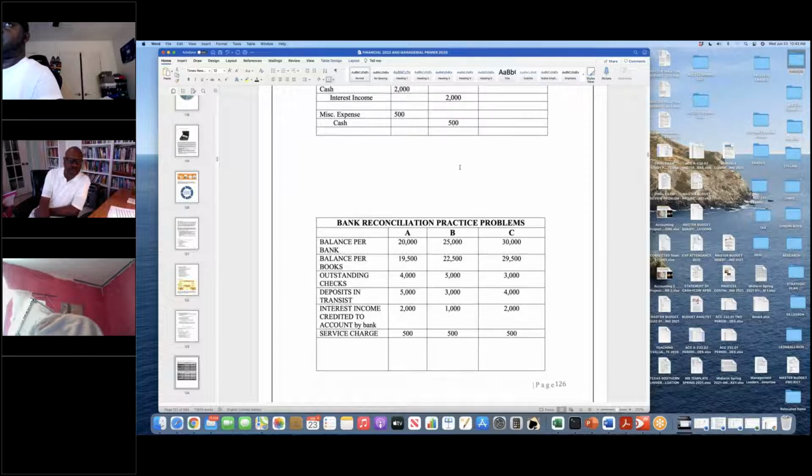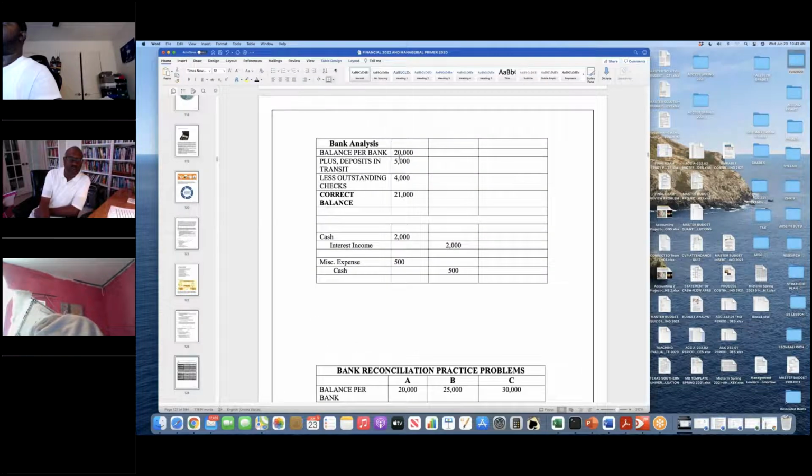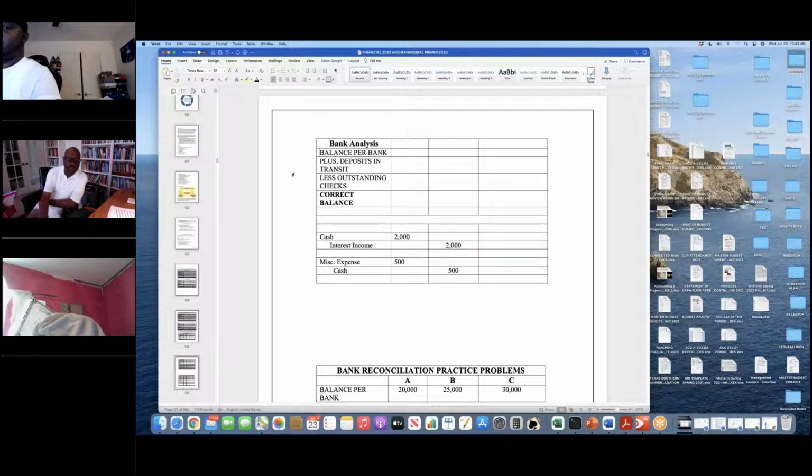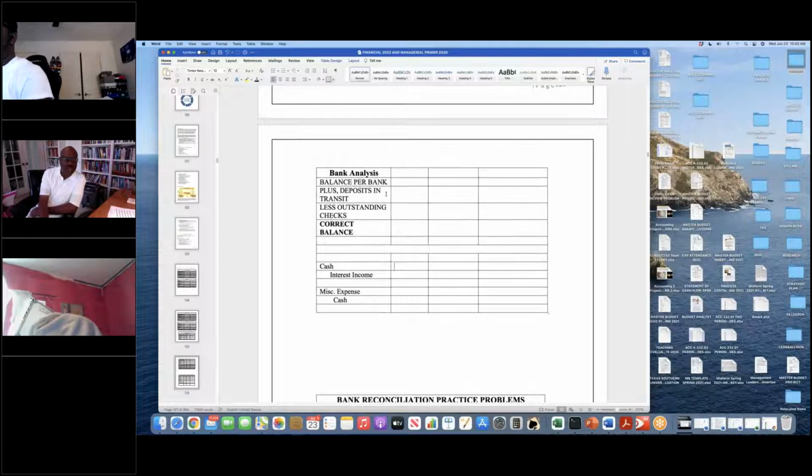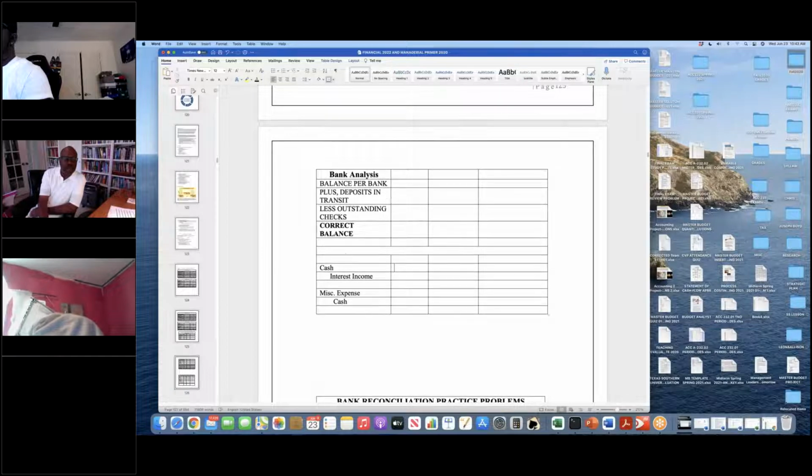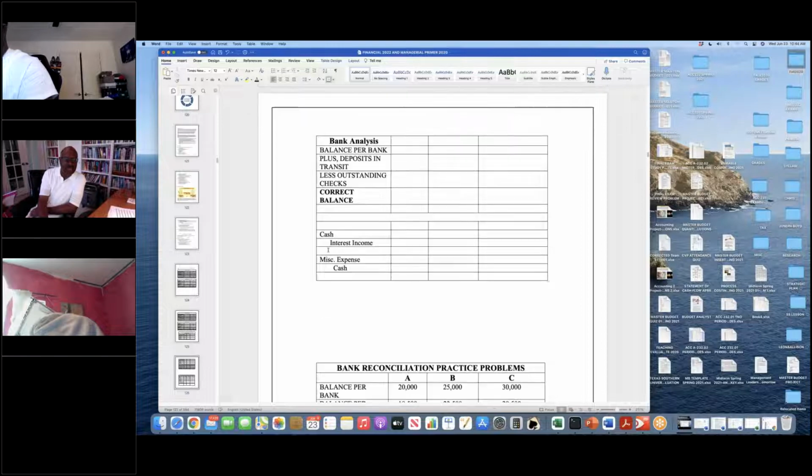So let's just see if we can come in here and practice a little bit. This is not the hardest thing in the world. Let's practice doing a bank analysis, and then I guess we need a company analysis also.